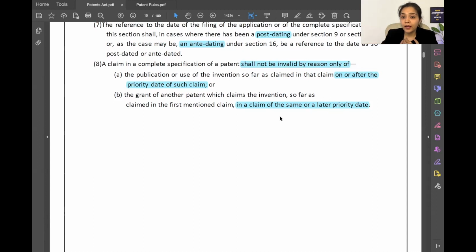So my claim will not be considered as invalid if there is a second patent or another claim which is granted after my date of priority. So that's why priority date is very, very important. Anything done after my date of priority, and if it is similar to my invention, then my invention will not be considered invalid on this reason.